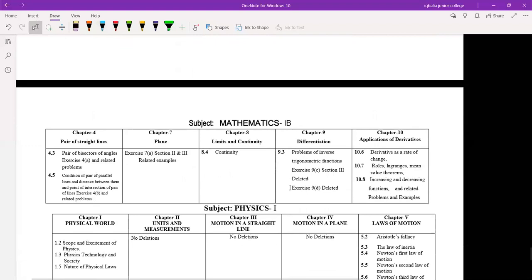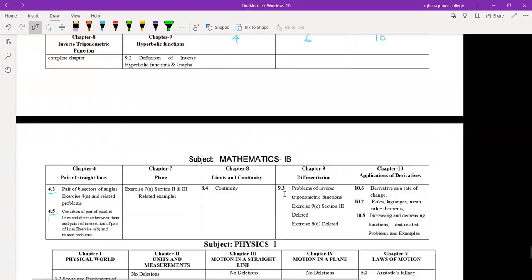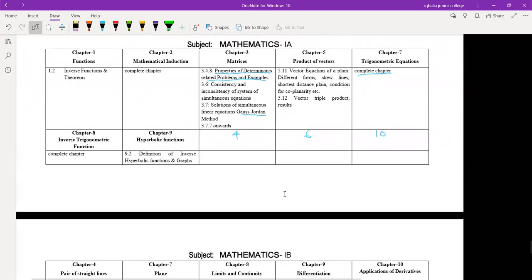Okay. So let's see in 1B. In chapter 4, these points are deleted from our syllabus, and in chapter 7, exercise 7A, and continuity and problems of inverse. You can take a screenshot from here. I don't have the time to explain each and everything.